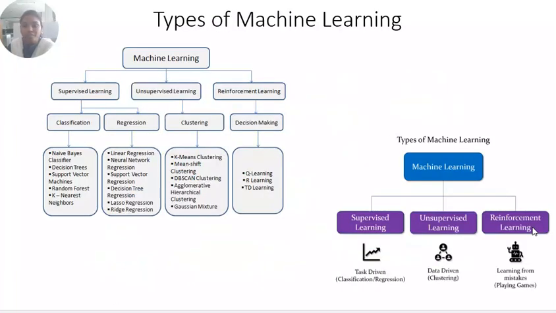So we first discuss the types of machine learning. Very first is supervised, then unsupervised, and last one is reinforcement learning. In supervised machine learning, as we know, supervision is provided and there is labeled data, and the different algorithms are classification and regression.